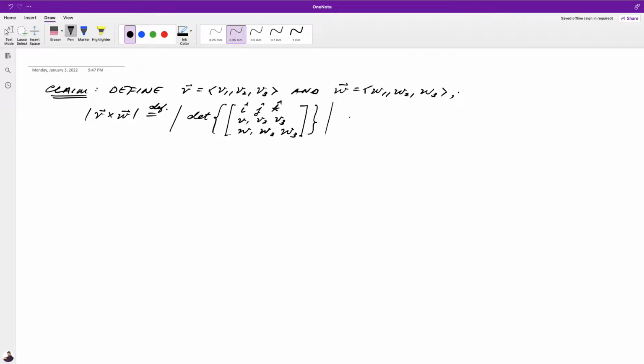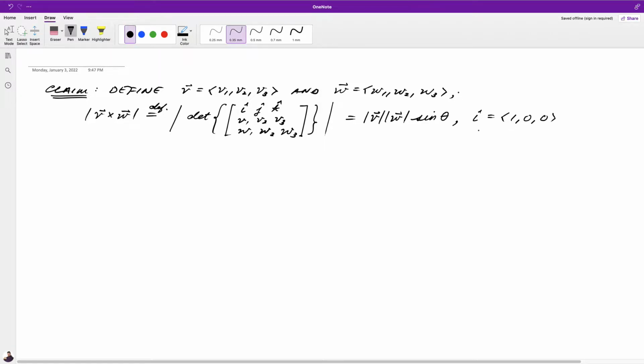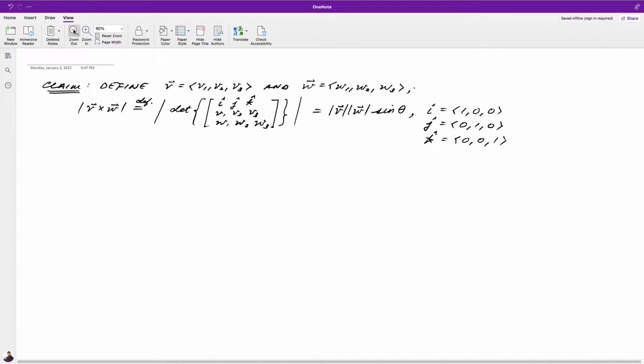And that this alternatively can be thought of as the magnitude of V times the magnitude of W times the sine of the angle between the vectors. This is of course provided that i is the unit vector in the direction of x, j is the unit vector in the direction of y, and k is the unit vector in the direction of z. So that's the claim.